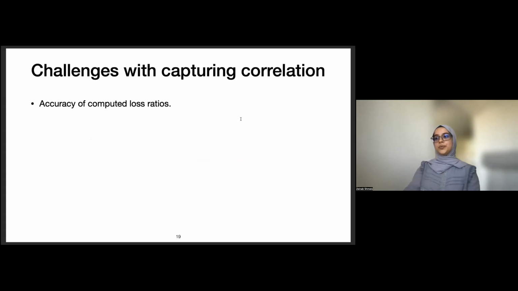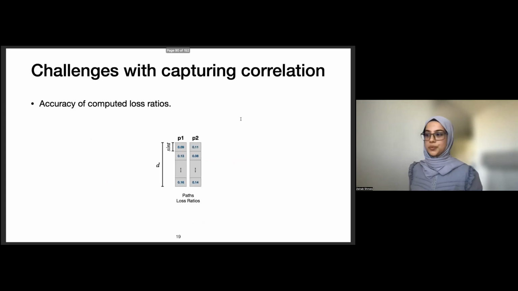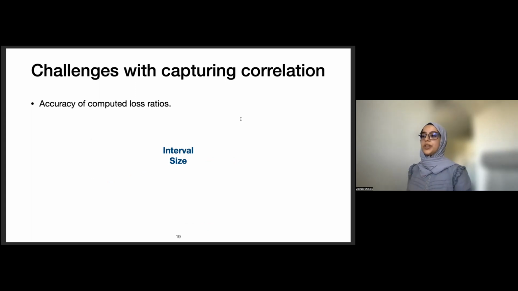So challenge number 2 is how accurately we compute the loss ratios. Recall how we compute loss ratios. We divide time into intervals. Now, you have an interval size. How do you determine the interval size? When selecting an interval size, we need to be careful because we can fall into one of these two risks.